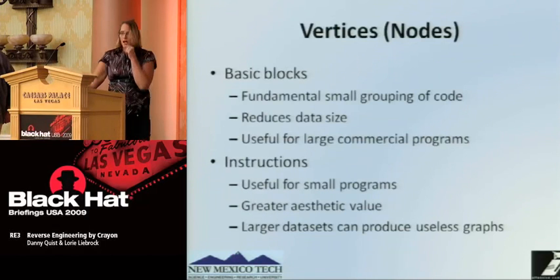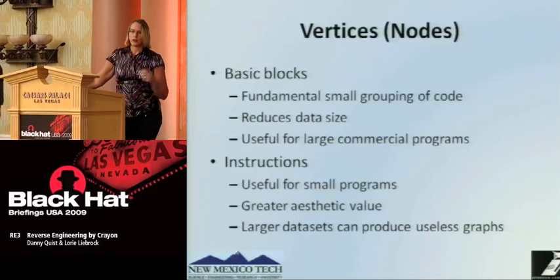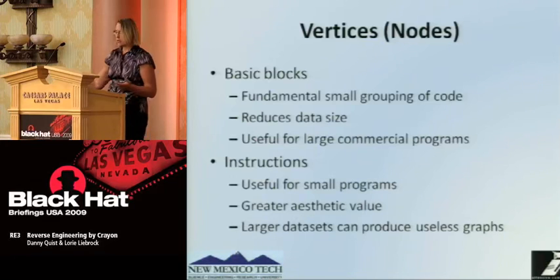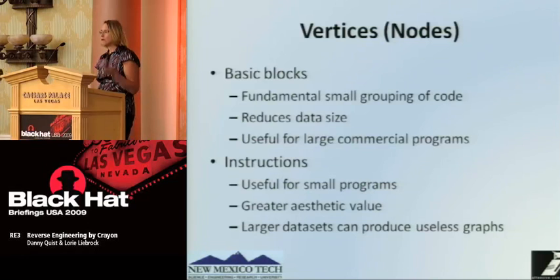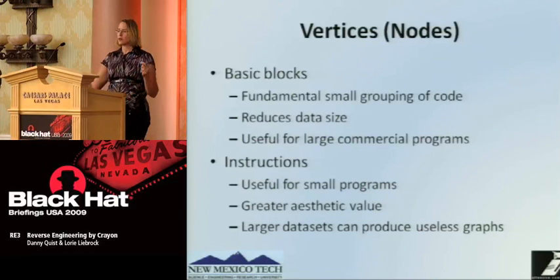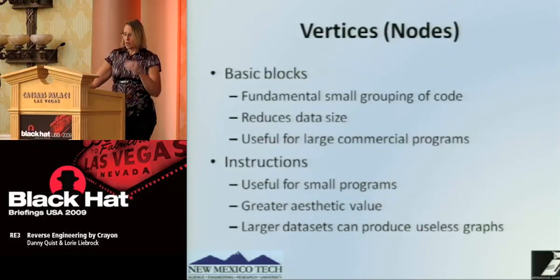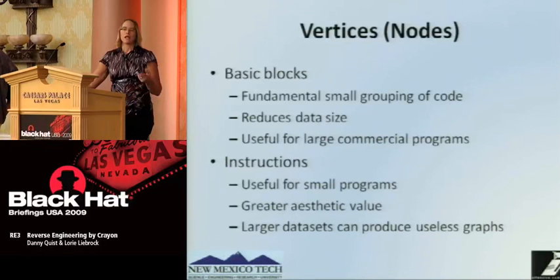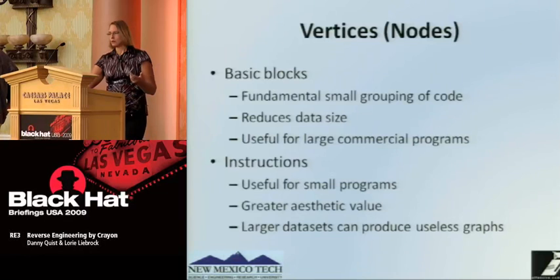So basic blocks, for many of you that have had compilers, you're familiar with this, but all it is is a fundamental grouping of instructions where there's no transfers of control except you just execute the next instruction, right? That reduces our graph size, reduces the data set size that you're looking at for the visualizations, and makes it at least possible to do commercial programs.